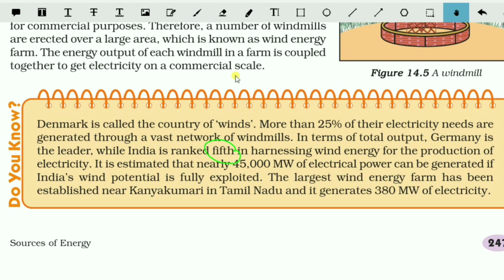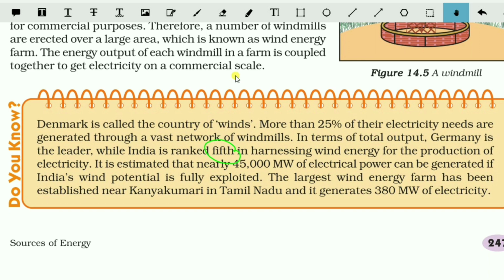It is estimated that nearly 45,000 megawatt of electricity can be generated if India's wind potential is fully exploited. The largest wind energy farm has been established near Kanyakumari in Tamil Nadu, and it generates 380 megawatt of electricity.